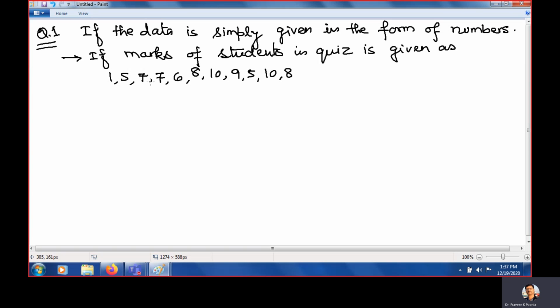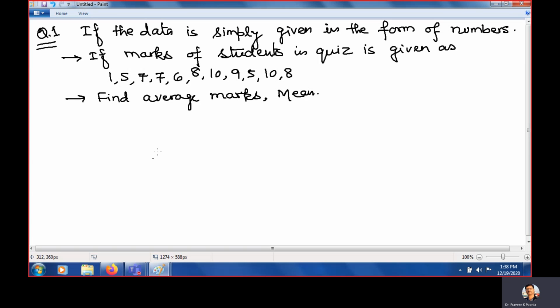How many values are given? 2, 4, 6, 8, 10 and 1, so 11. Clear? These values are given. Find the average marks or mean. You can call it average marks or you can call it mean.